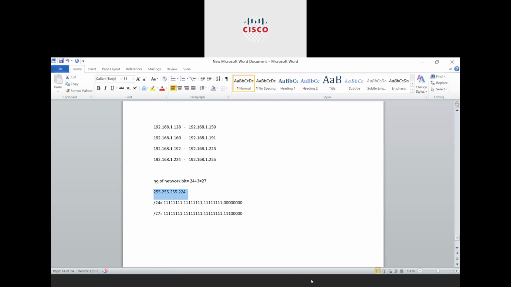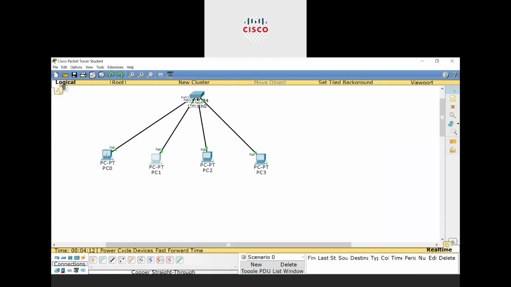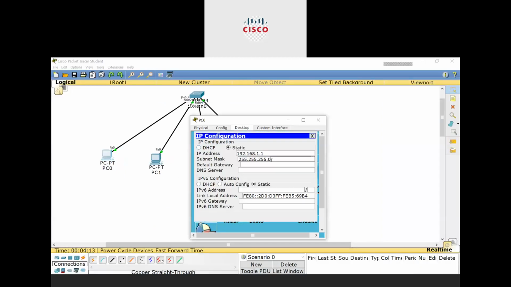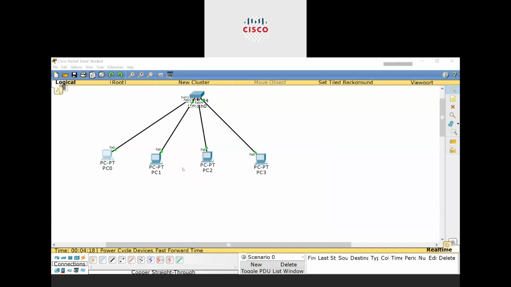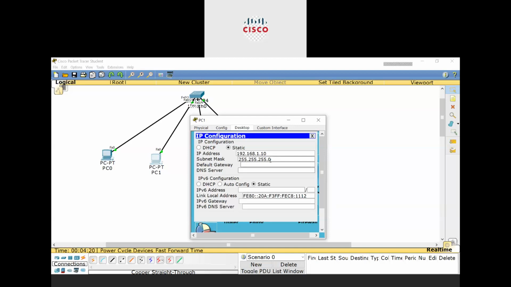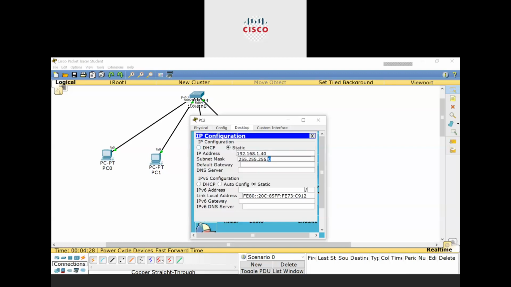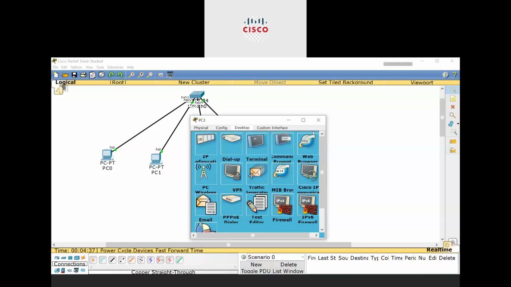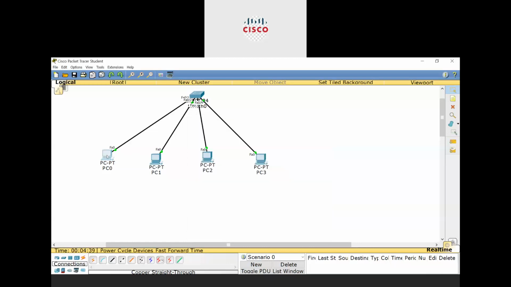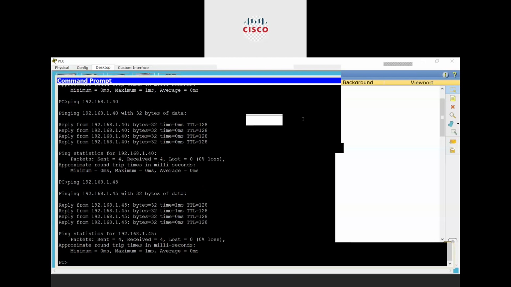So if I want to see the effect, I'm going to change the subnet mask to /27, 224, then all the devices will have the same subnet mask. Let's see the effect. Now we are going to simply do the same process.